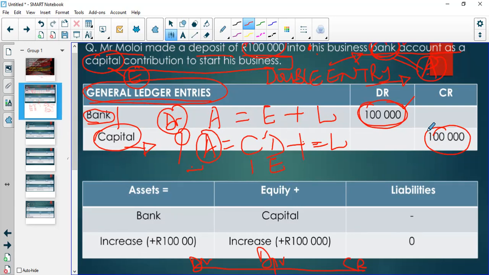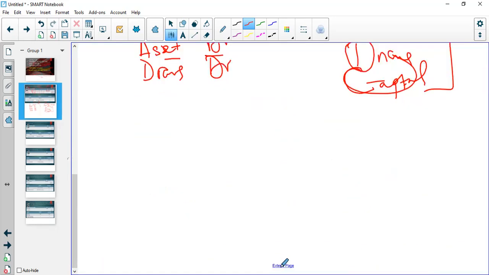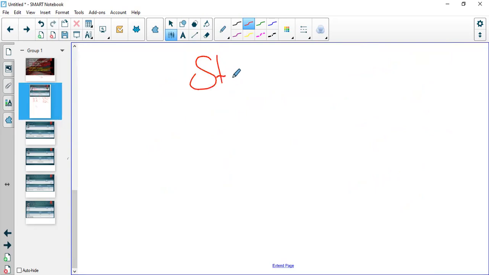Let me quickly touch on what a general ledger is. A general ledger is like a huge folder. We also have explained this under the construction of the general ledger, but you might not have gone through that first, because these are recordings, so you might appreciate a quick idea of what a general ledger is.